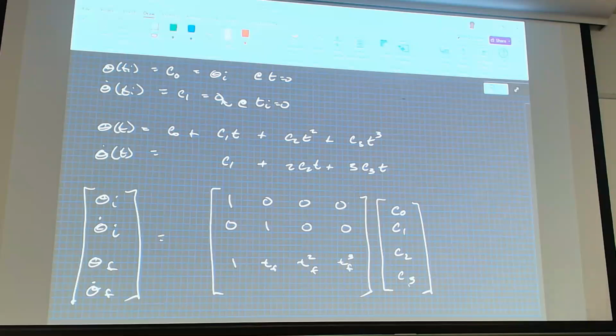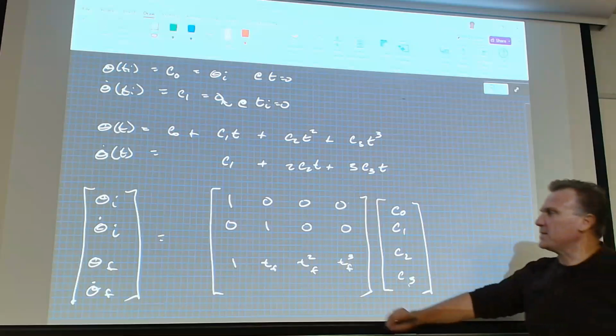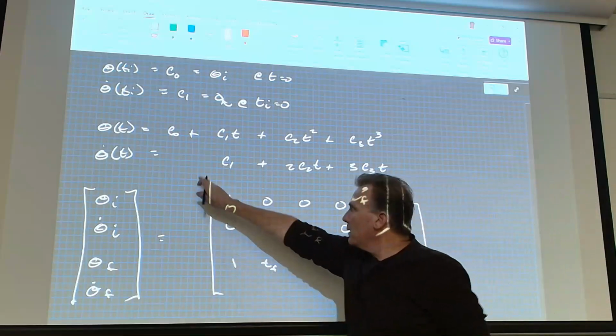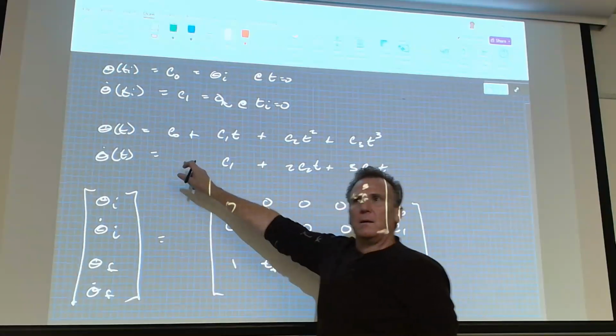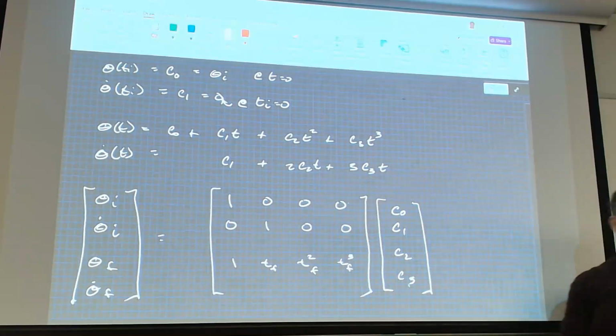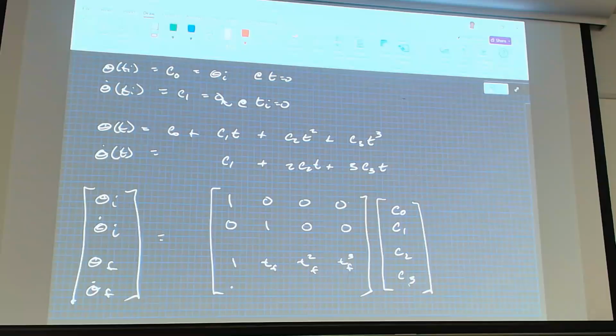How many C3s do I have for the ending velocity? I got 0, right? What's my coefficient for C1 for final velocity? 1. What's my coefficient for C2? 2tf.